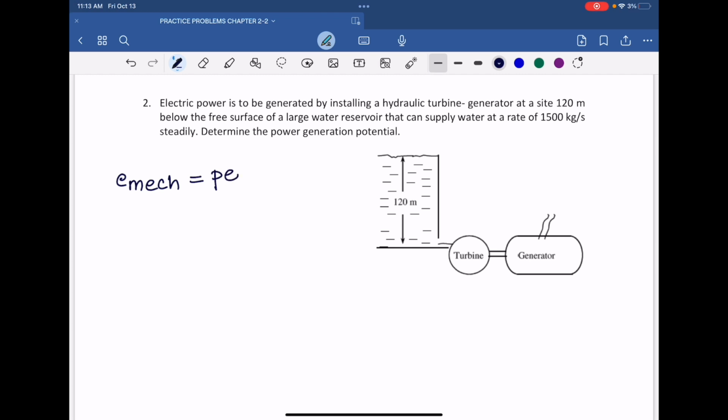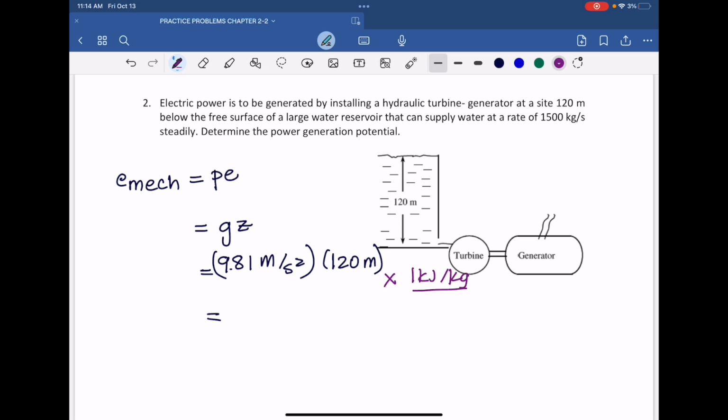We can cancel out the other terms, and it is equal to g times z, where g is 9.81 meters per second squared, and z is 120 meters. Again, the unity conversion ratio, we need to utilize it here. We need to multiply this with 1 kilojoule per kilogram, which is equal to 1000 meters squared per second squared.